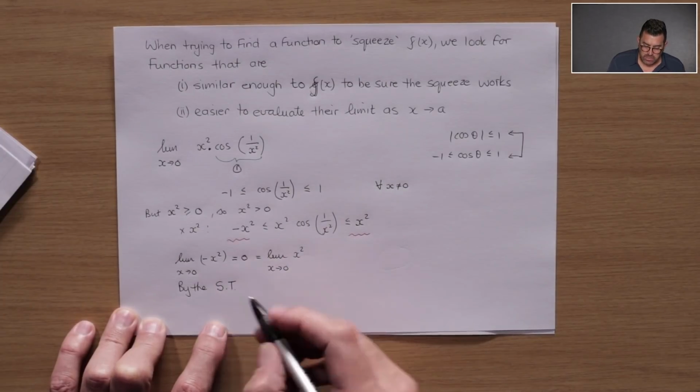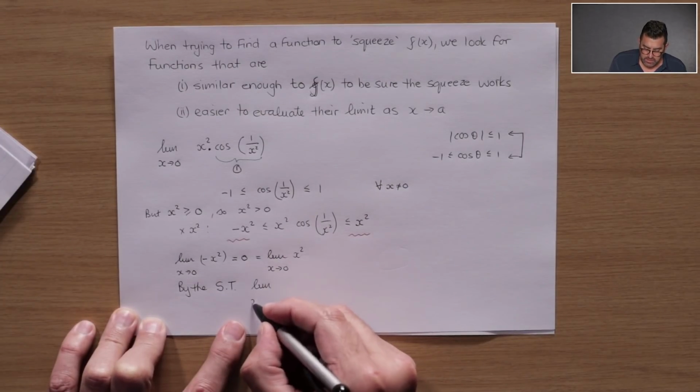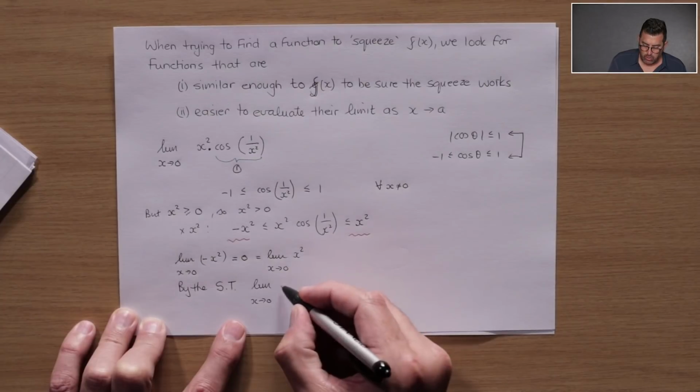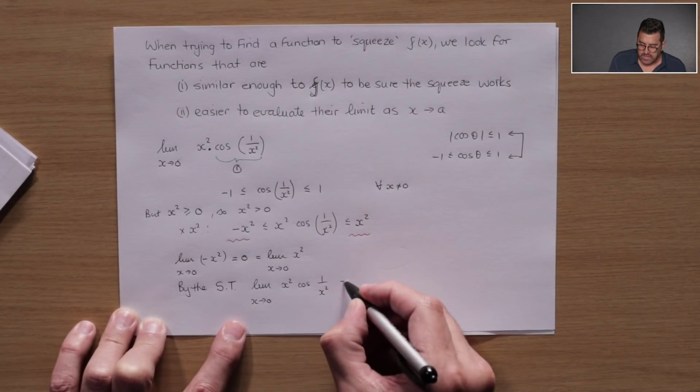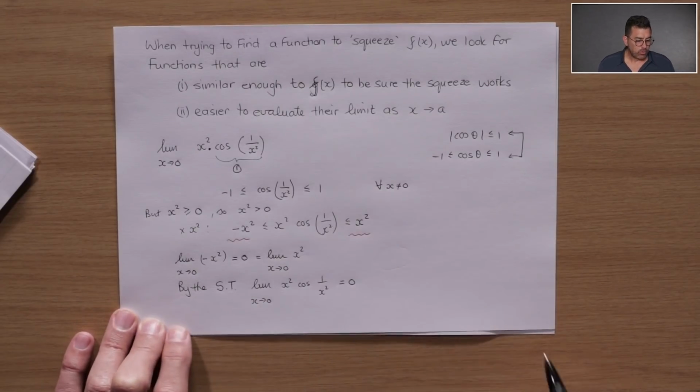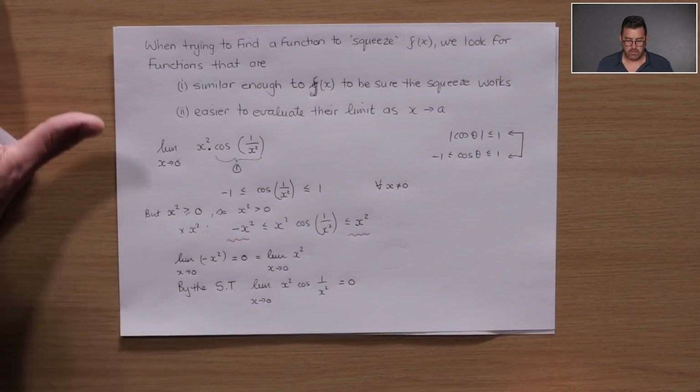By the Sandwich Theorem, the limit when x approaches 0 of x squared cosine 1 over x squared will then also be equal to 0. So it's not a difficult idea, but the application becomes difficult because it depends on the complexity of the function that you're going to work with.